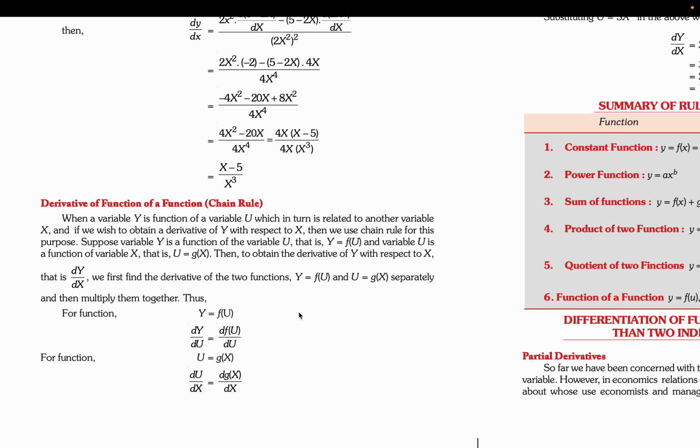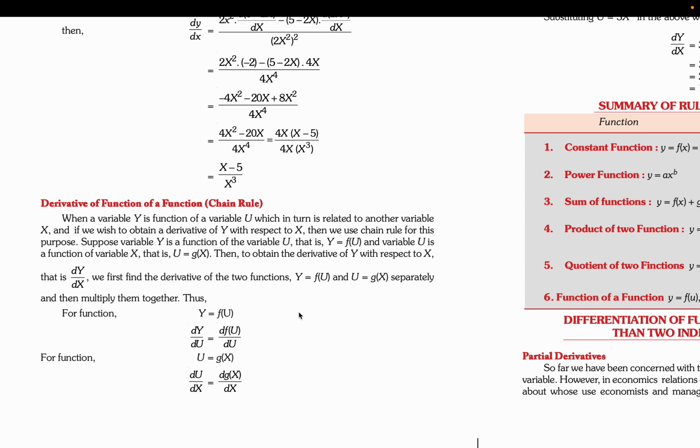When a variable y is a function of a variable u, which is in turn related to another function x, if we wish to obtain a derivative of y with respect to x, then we use the chain rule for this purpose. Suppose variable y is a function of the variable u, and variable u is a function of variable x, so u is a g of x.